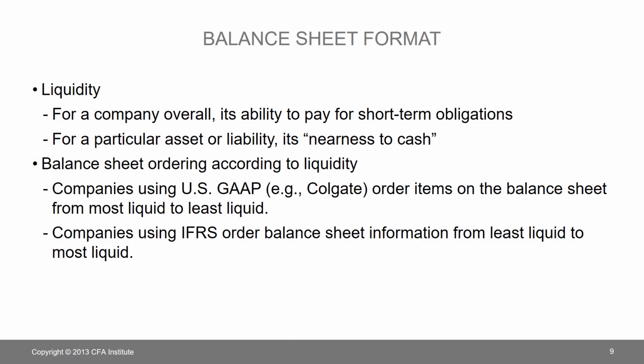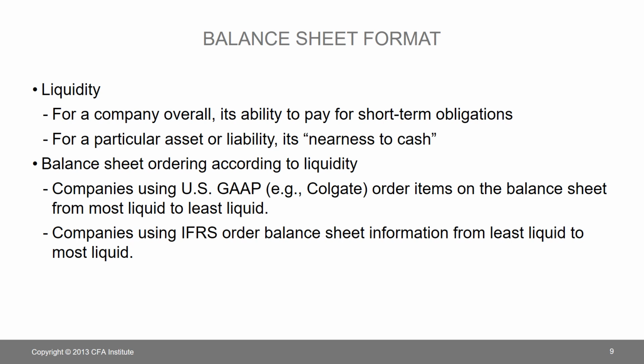Now we'll try to understand the concept of liquidity. A company's ability to pay for its short-term operation needs relates to the concept of liquidity. So with respect to a company, overall liquidity refers to the availability of cash to meet those short-term obligations. With respect to a particular asset or liability, liquidity refers to its nearness to cash.